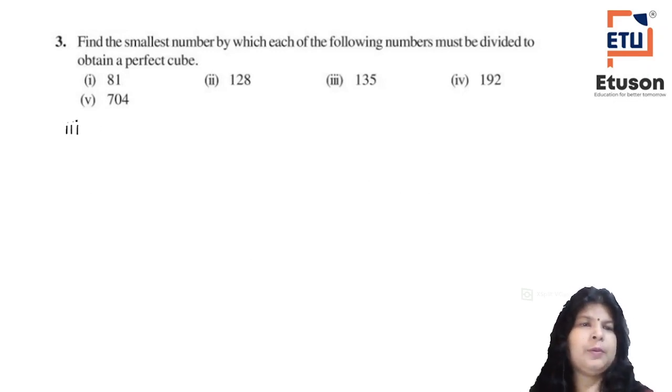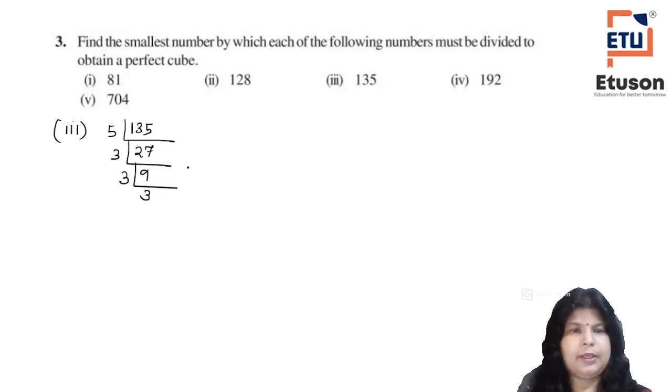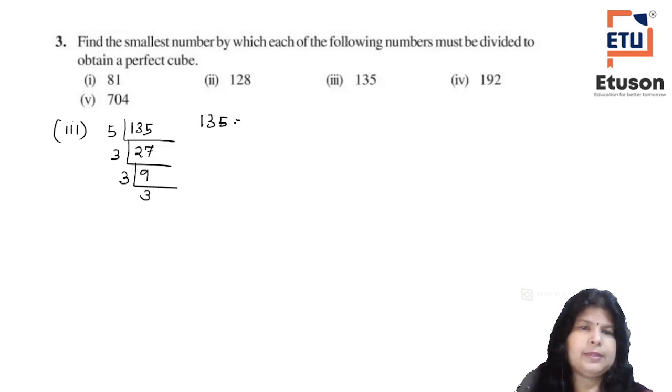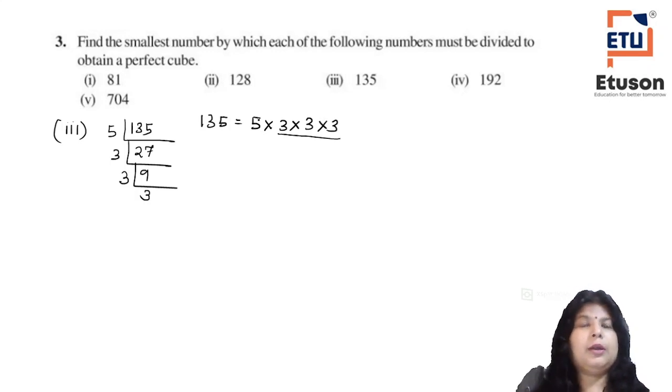So you have number 135. So divided by 5, you get 27. Divided by 3, 9, 3, 3. So 135 is equal to 5 into 3 into 3 into 3. You could form a set of 3, but 5 is extra.